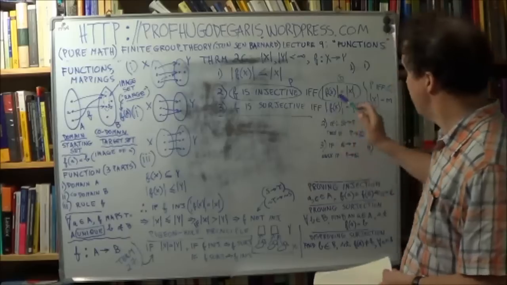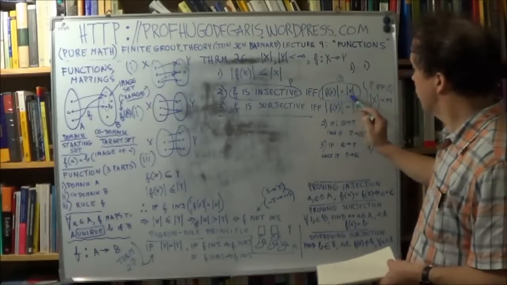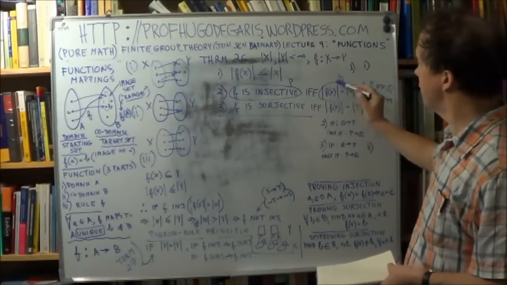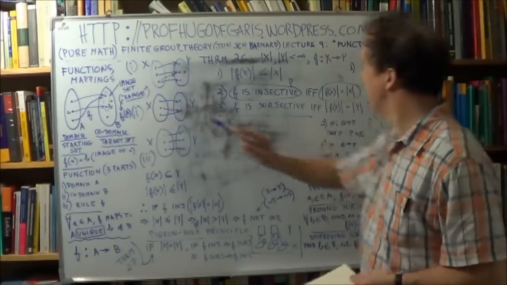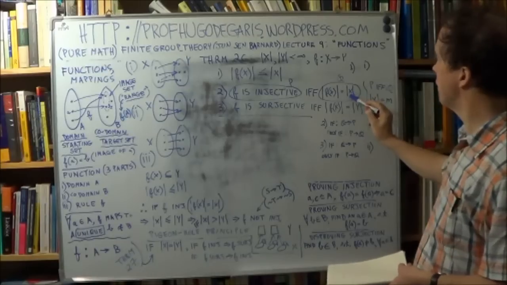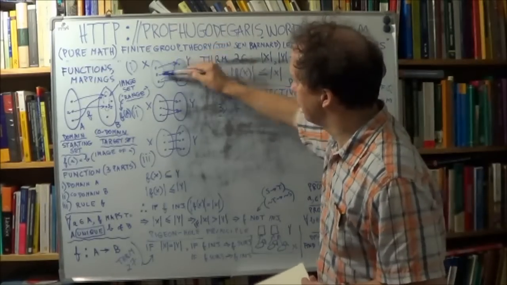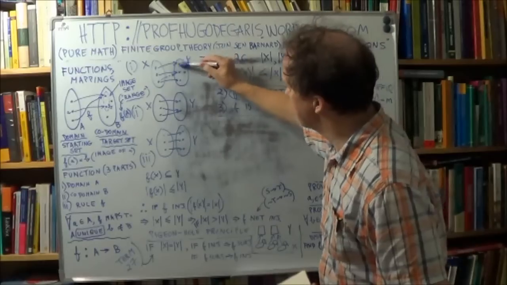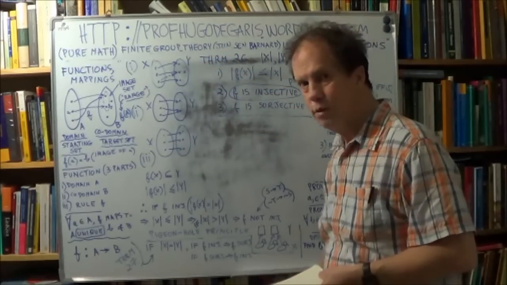I'll say it again for reinforcement. If the size of your image set, the size of your range, same thing, is equal to the size of your starting set, like this. So here are these three here. They are your image set, your range.